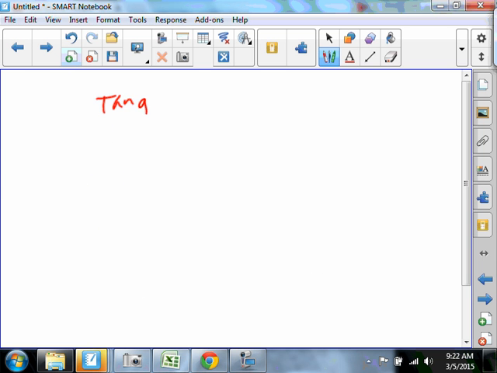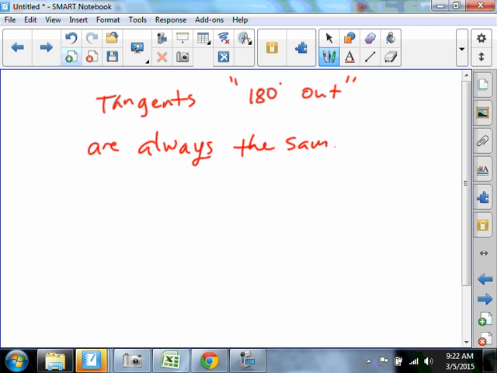Tangents 180 out are always the same. So what I mean by that is, suppose we're on the circle and you know the tangent at one particular location on the circle.